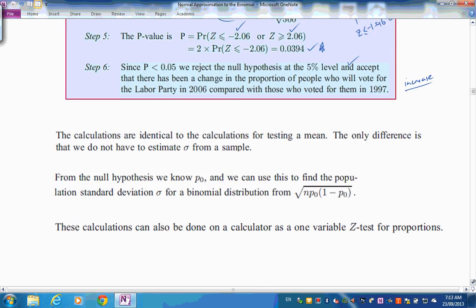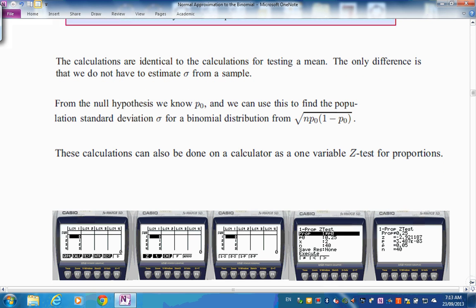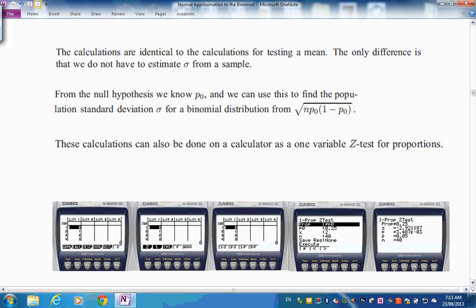All right, okay. Let's look at Hayes and Harris's comments here, because we're taking screen clippings from Hayes and Harris in this presentation. The calculations are identical to the calculations for testing a mean. The only difference is that we do not have to estimate sigma from a sample. So that standard error has come out of the calculation, because P0 will give you a sigma of the population, the square root of P0 times 1 take P0.